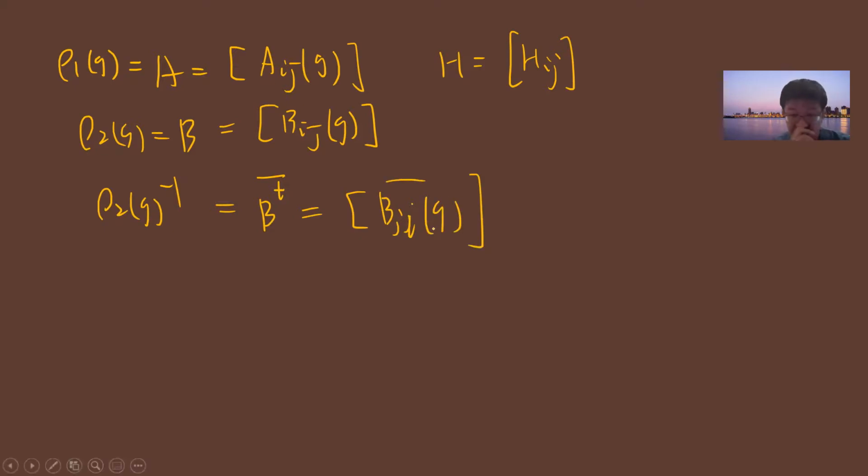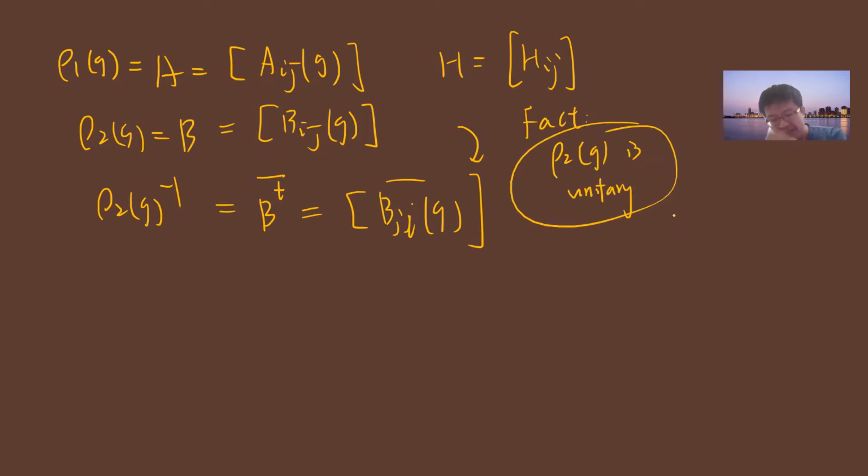Okay, so why is this true? Because we are using the fact that rho 2 of G is unitary. This is your work to prove, so let's see why this is true. In the finite group case, rho 2 of G to the power of the group order will be identity.